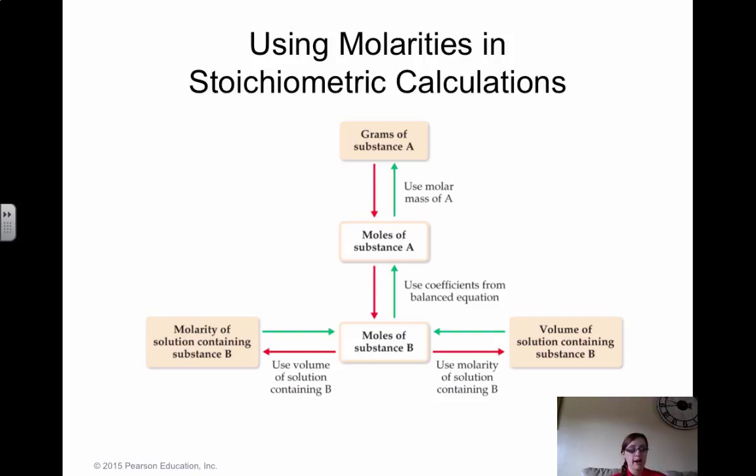Make sure you figure out which reactant is limiting. Don't forget about that. And then go through like a normal stoichiometry problem. Calculate moles of whatever you're being asked about, and then convert to grams. Or once you have moles and you're given molarity, you can go to volume. So there are a lot of different ways that you can use this map to help you through stoichiometry.